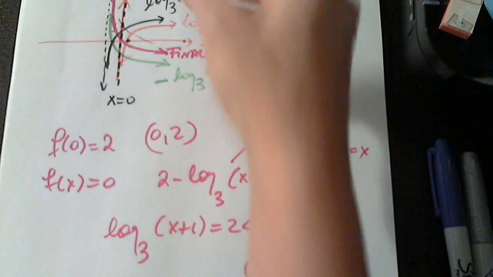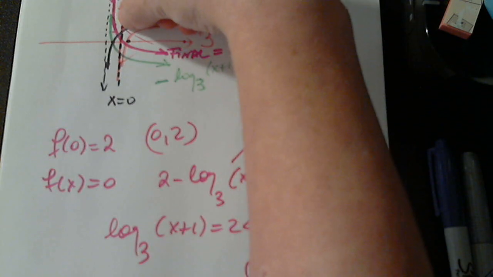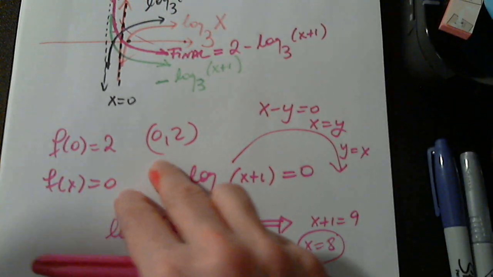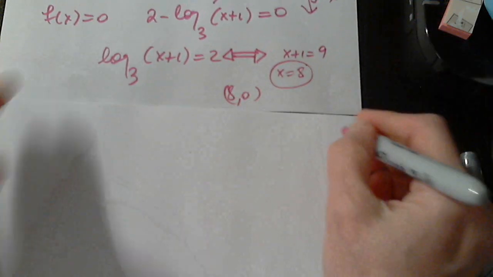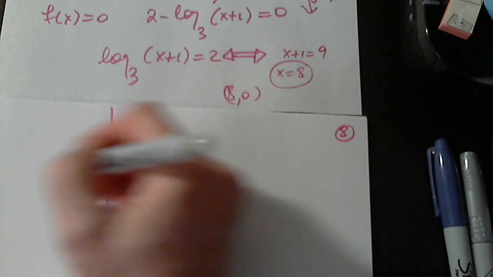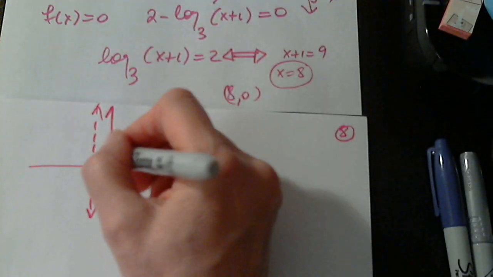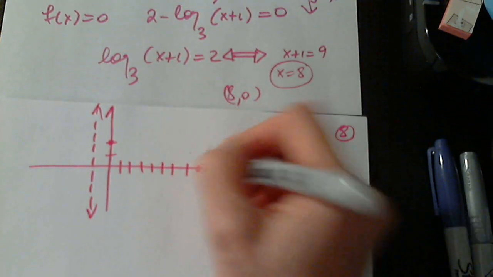So now, perfect shape, but not perfect x and y intercepts. So the graph should be something like this. If you want to be exact now, we can graph it, because now I have the details that I did not have before. So, 0, 2, 1, 2, 3, 4, 5, 6, 7, 8.